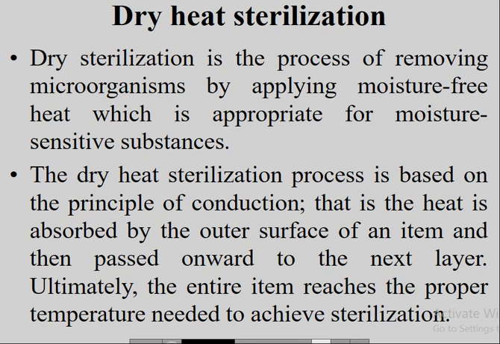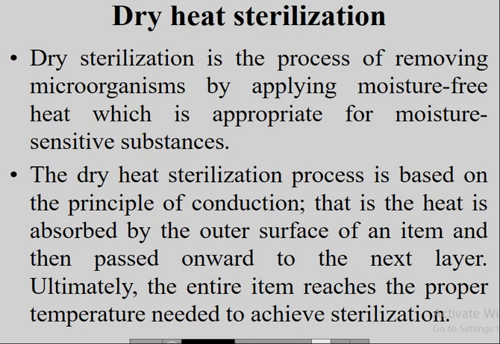It means there is complete absence of moisture. So this heat is appropriate for moisture sensitive substances. Many substances can be sensitive to moisture or the presence of water. They cannot be sterilized by an autoclave. Such substances can be sterilized by means of dry heat sterilization.